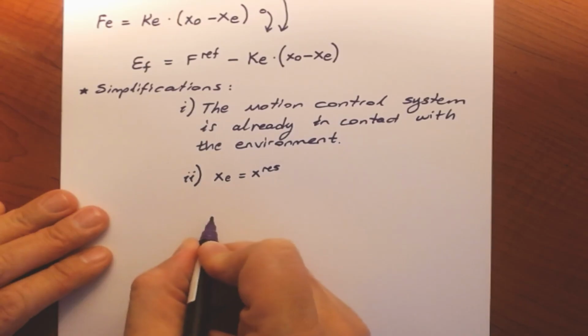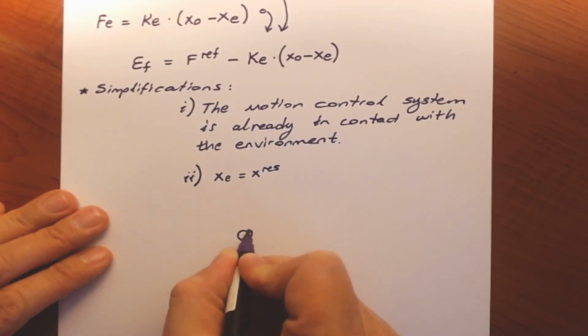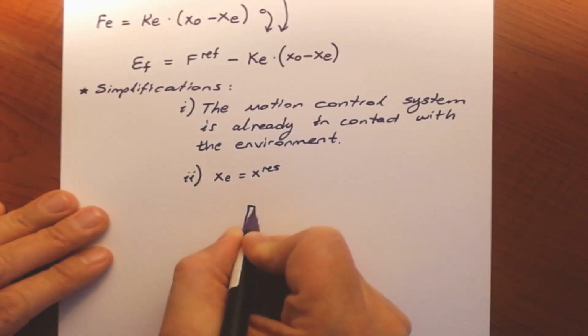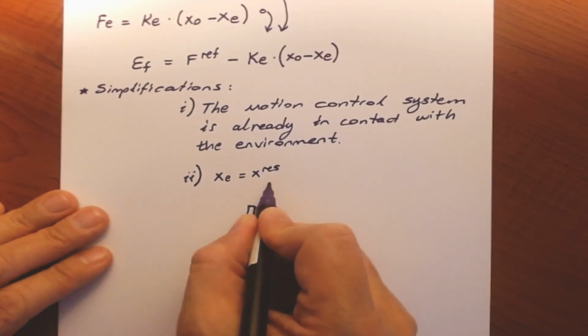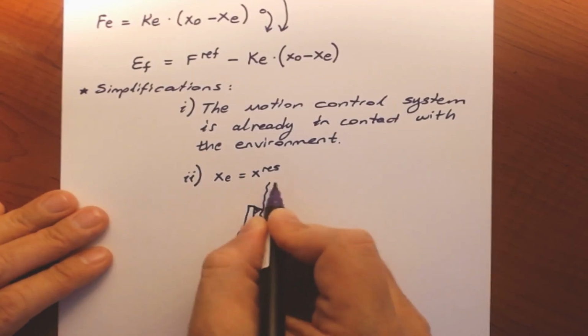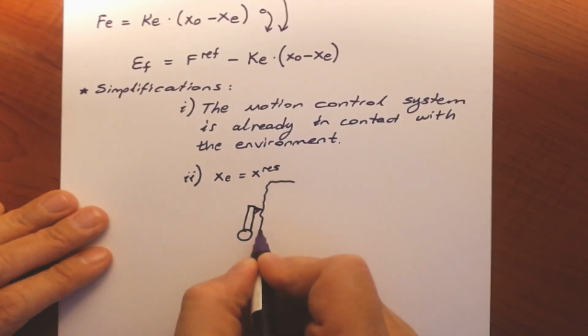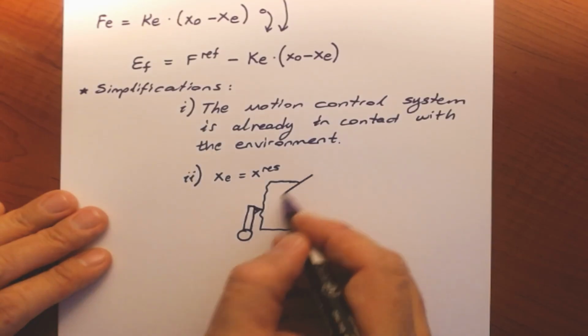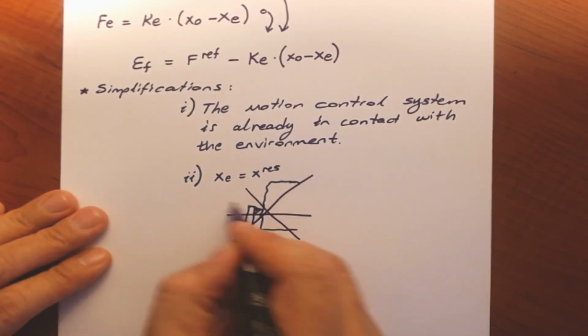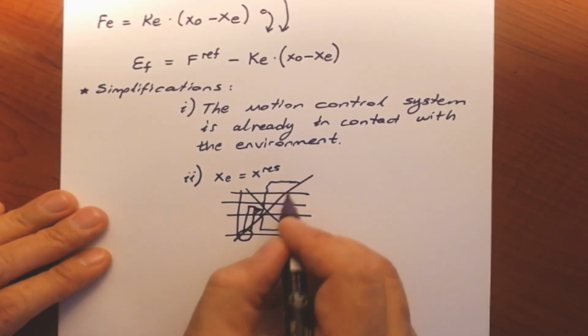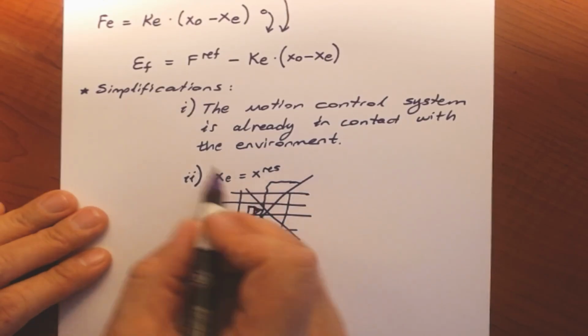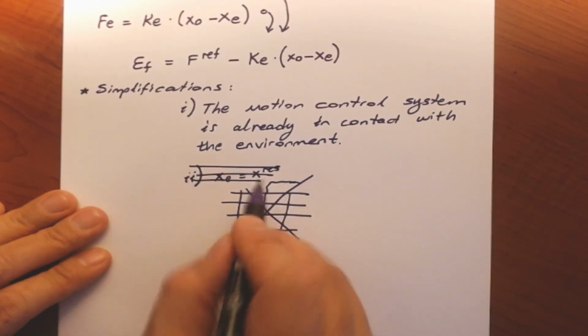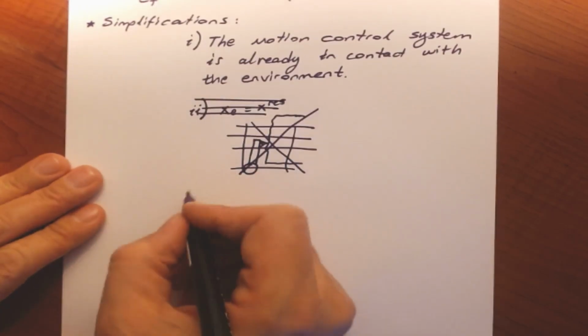Let's assume that the same single degree of freedom motion control unit is already in contact with my environment. Actually, this is not a good example to give, because we're talking about linear items here.